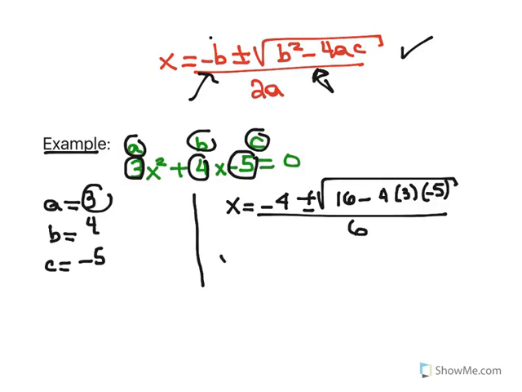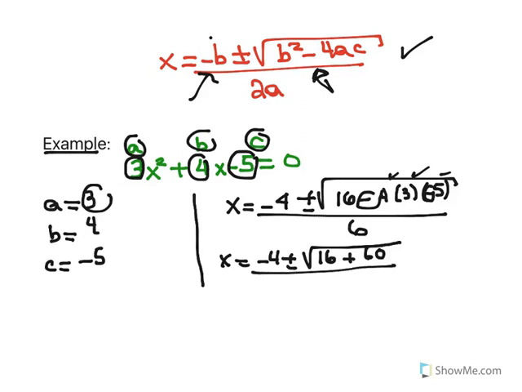Okay, so x will be equal to negative 4 plus or minus. We're going to have this negative and this negative make a positive, so I'm going to have 16 plus. If you multiply 4 times 3 times 5, you get 60, right? And that's divided by 6.